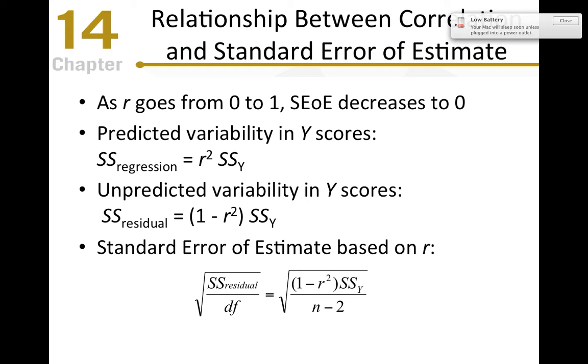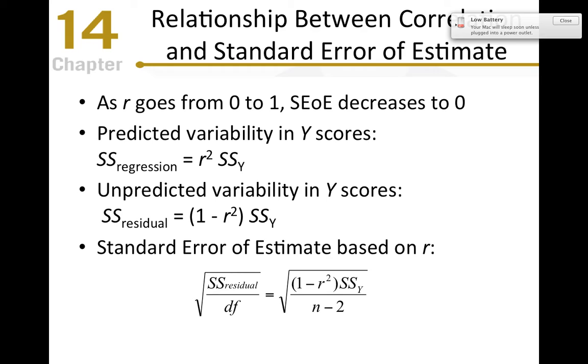There are a few things that we need to know when we are predicting regression equations and just overall variability in our different scores. One of them is the sum of squares for the regression, and that's actually very easy to compute. If you think about it conceptually, what are we doing when we're looking at the predicted variability in y-scores?